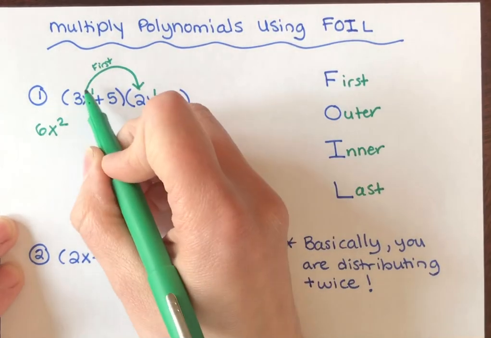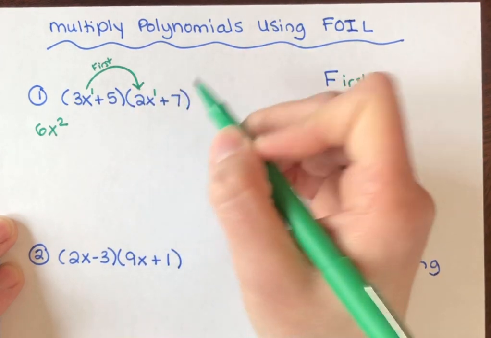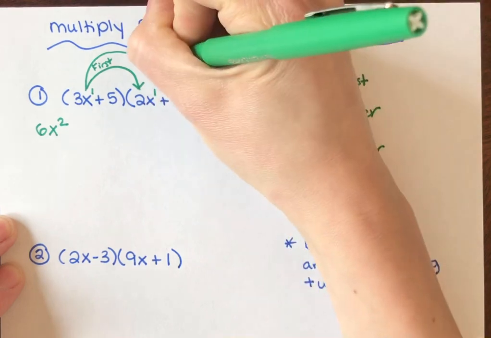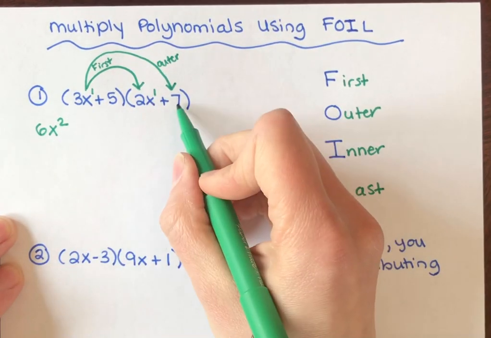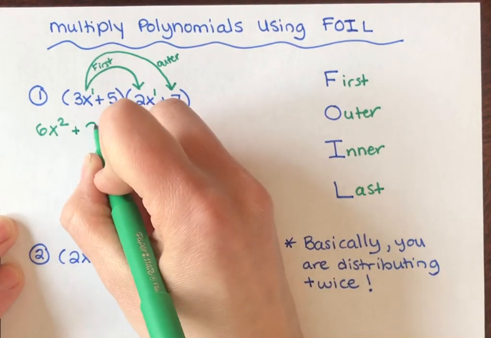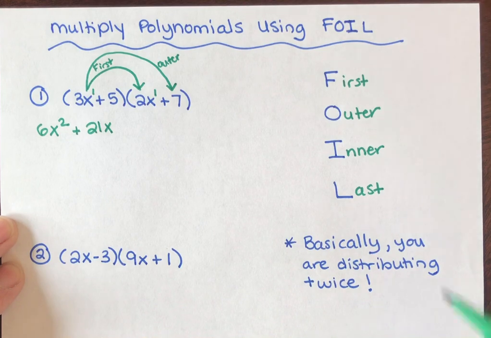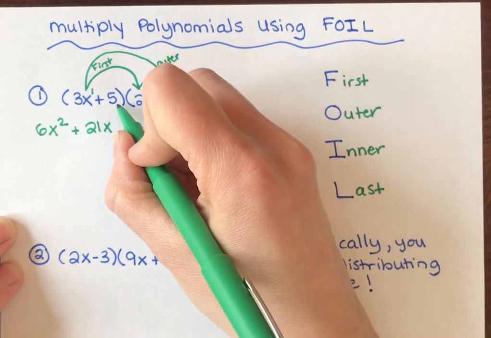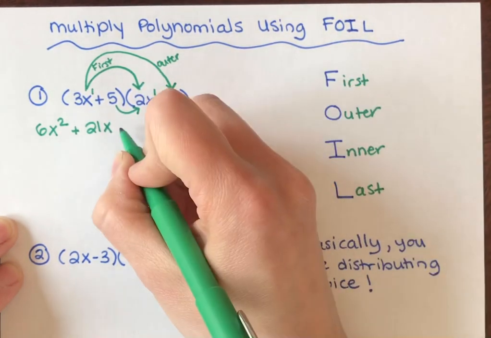Outer means I'm going to multiply the 3x to the outer term in the second expression, which is 7. So 3x times 7 is a 21x. Inner, I'm going to go inside, and I'm going to take 5 and multiply it to the inner term here, which is 2x.